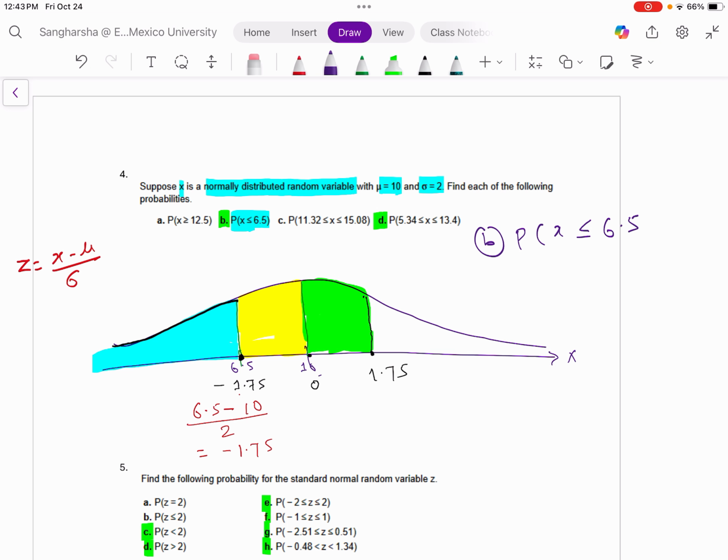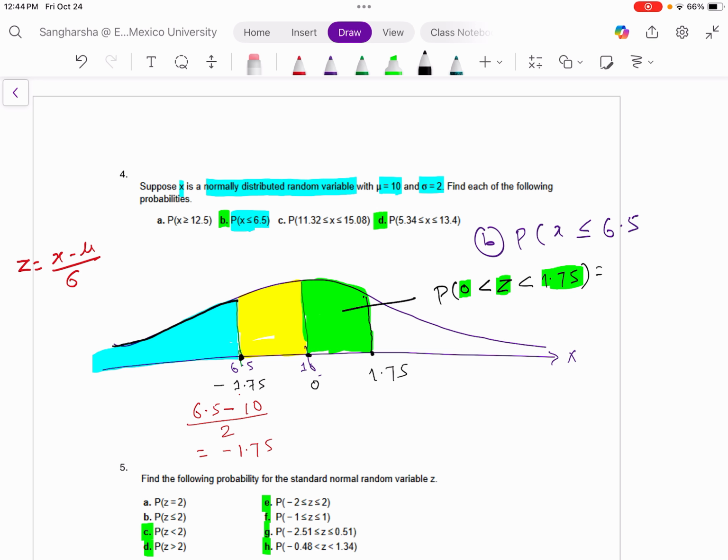The z table gives the area of this green region, which is the probability that z takes a value greater than 0 and less than 1.75. So the z table always gives the probability that z takes a value greater than 0 and less than some positive number. Now let me go to the z table and find this probability.